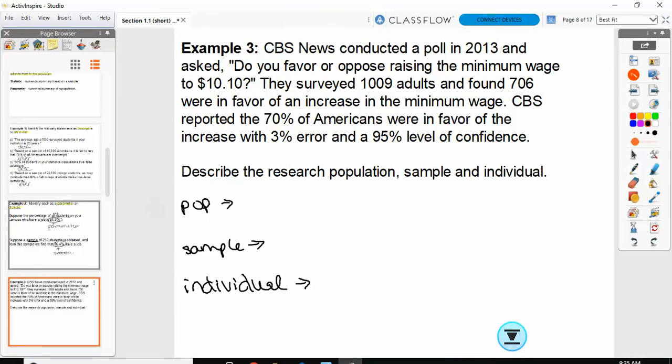The population here, I didn't really say what the whole group would be. But what do you think? Adult Americans, right? That's who they're concerned with. The people that are out there earning the money. They talk to adults, and we would assume we're talking about Americans here.